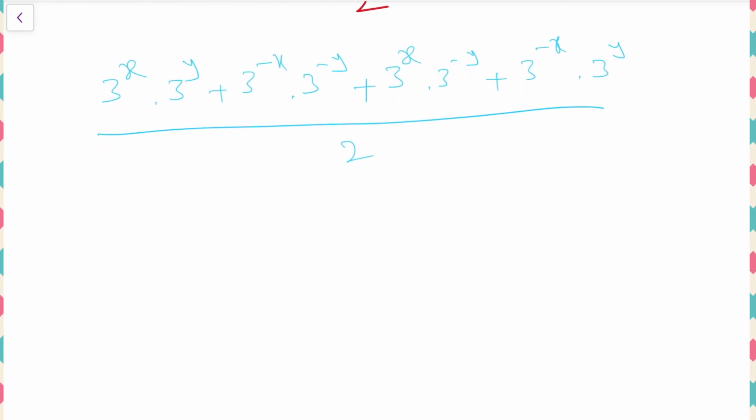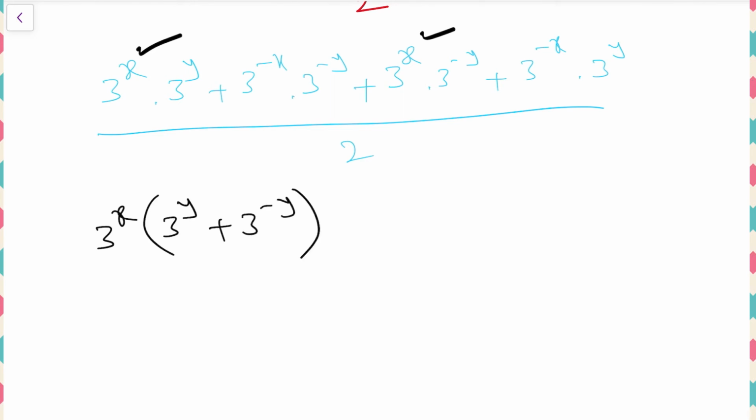Now let us check from the numerator whether we can take any terms common. Here 3 power x is there, here also 3 power x is there, so I will take out 3 power x common. Then we remain with 3 power y plus 3 power minus y. Again from the second term and fourth term we can take out 3 power minus x common.